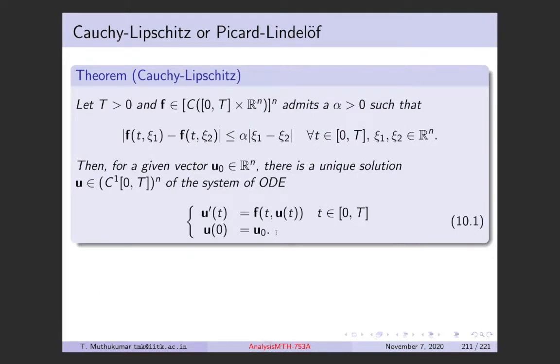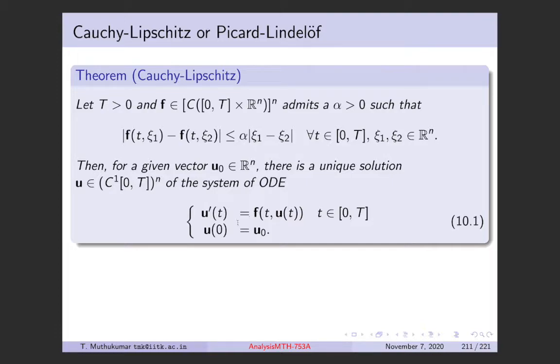Consequent to this, we are going to prove this result, which shows the existence of a unique solution to a first order system of ODE. This is called an initial value problem. Usually, if you have a kth order ODE, to get a solution, you need k conditions for well-posedness.